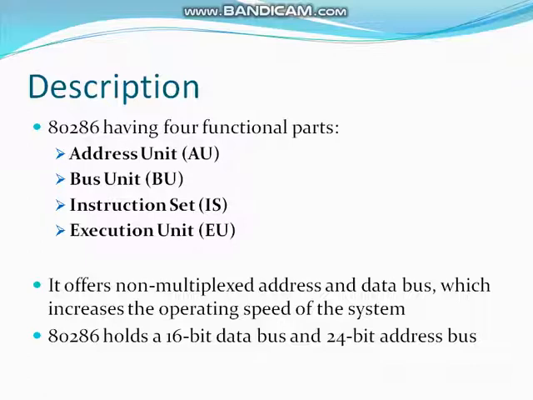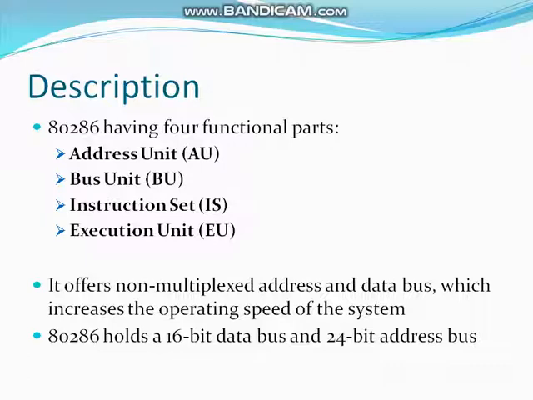Whenever I am transmitting the data, we utilize the lower bytes of the bus, and whenever I want to transmit the address, I use the whole bus as the address bus using the ALE pin. At that time we cannot transmit the data over the bus.